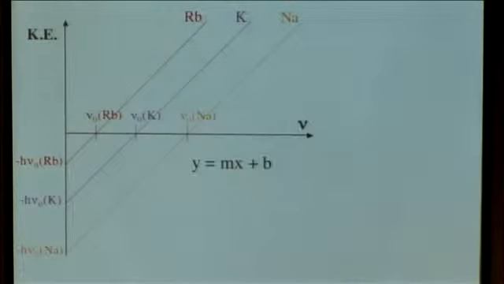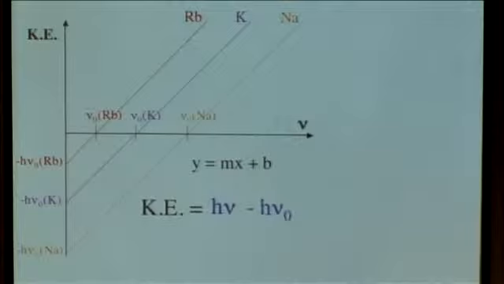So he decided to go ahead and define exactly what this line is in terms of these new constants, this constant he's calling h, which is Planck's constant. So on the y-axis, we have kinetic energy, so we can plug that in. The x-axis is just the frequency of the light that's coming in. We know what m is: m is equal to h.